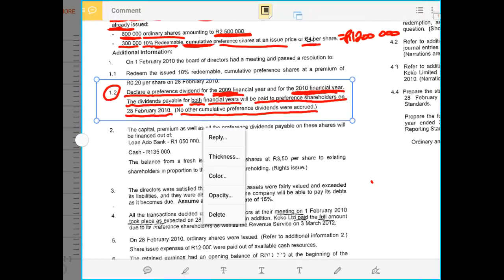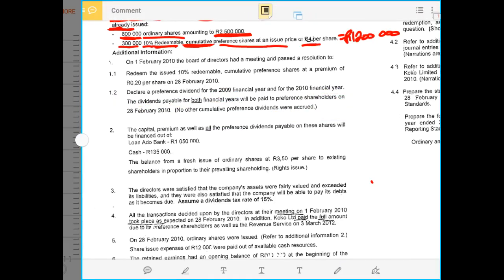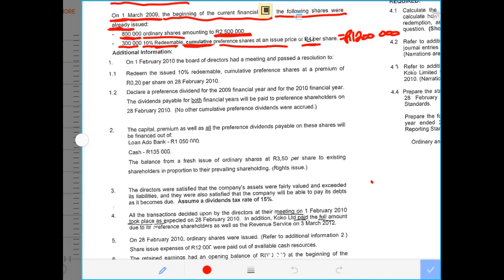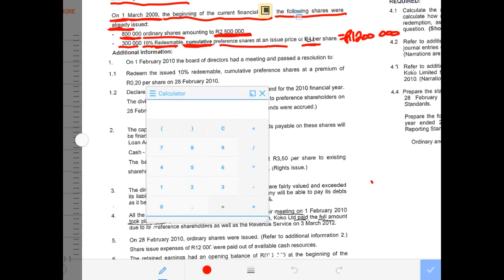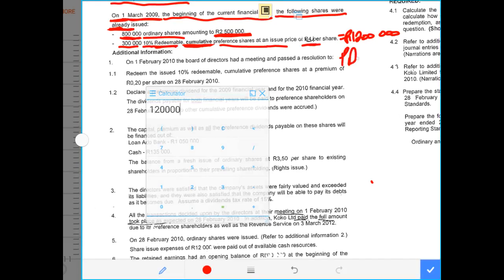Then we continue on that same note, so let us calculate our preference dividends. For the 2 years, we know that our capital is 1,200,000. From there, we multiply that by 10% because these are 10% redeemable preference shares. And we realize that our preference dividends are 120,000 rands.